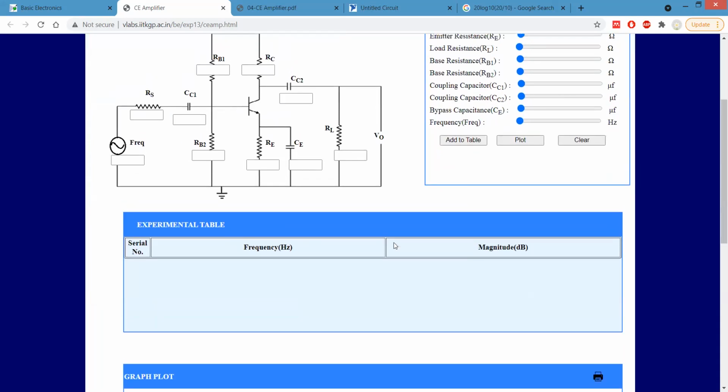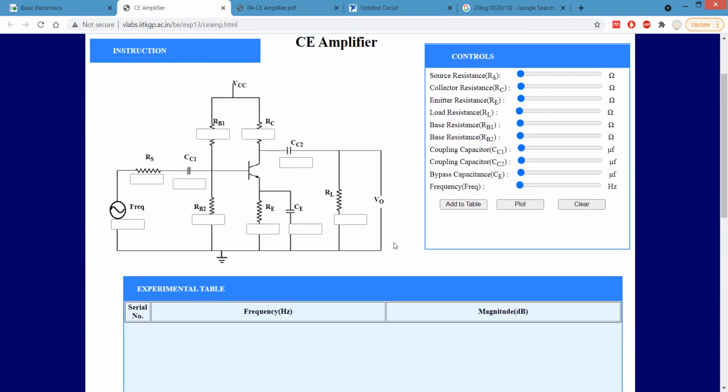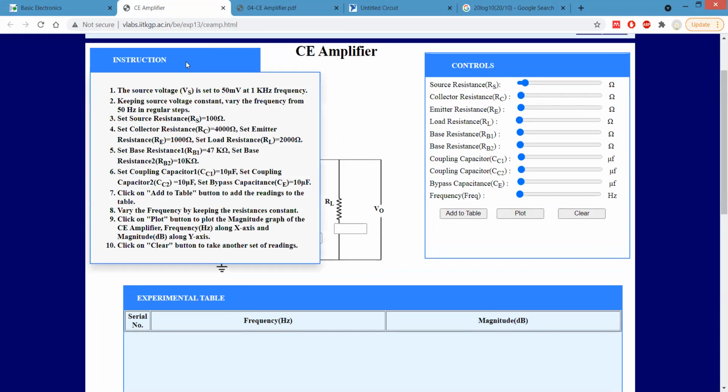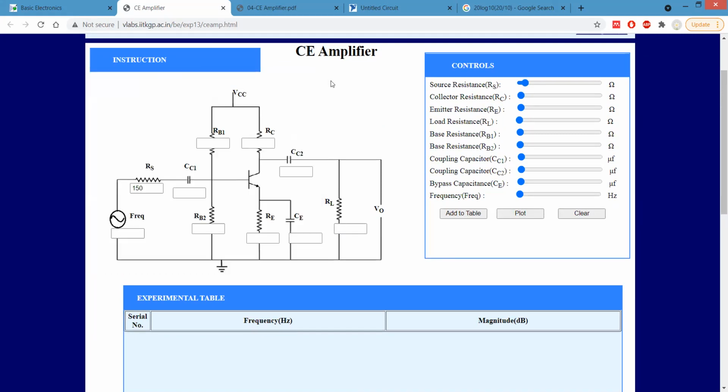We can change the value from here. Frequency we can change, and this is RS. RS should be 100 ohm.